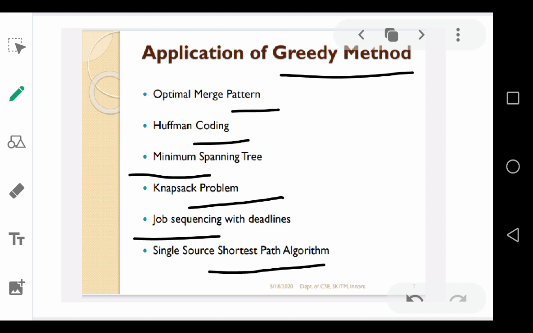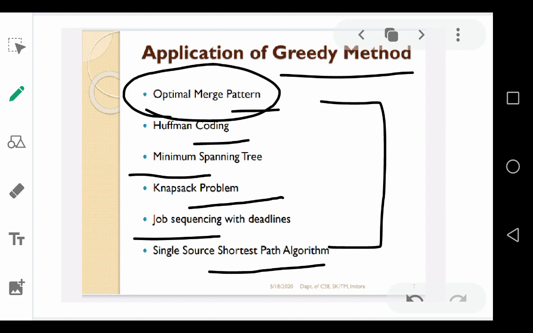All these applications I am going to discuss in my coming videos. In the remaining part of this video I will be focusing particularly on the optimal merge pattern.